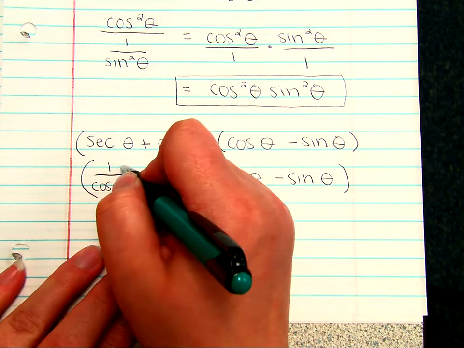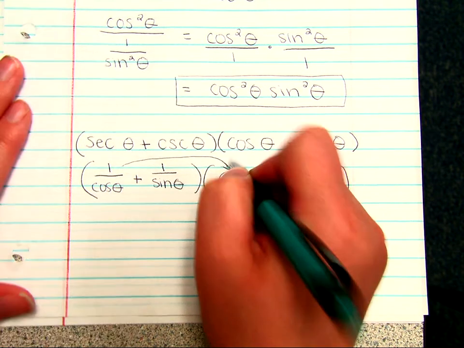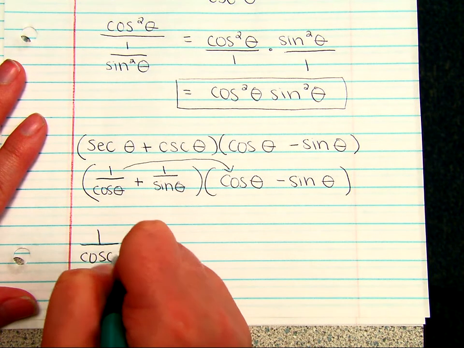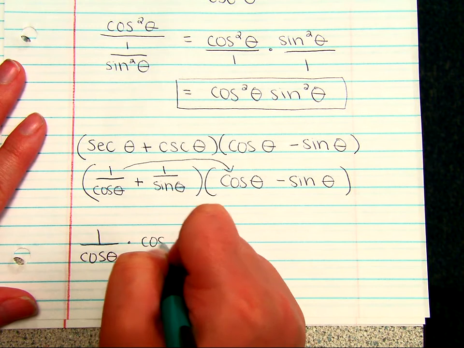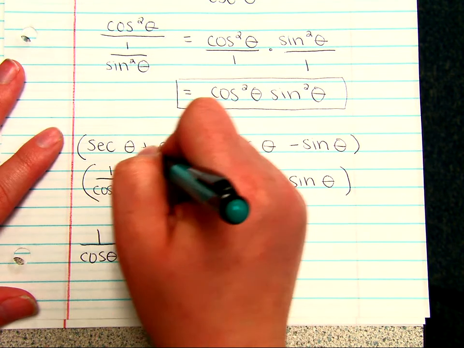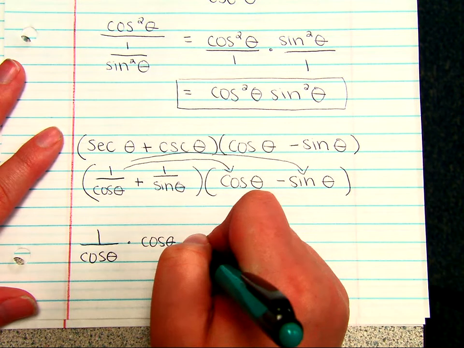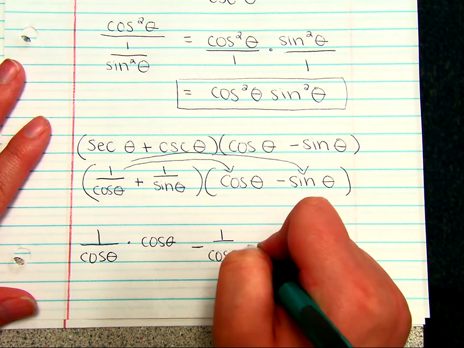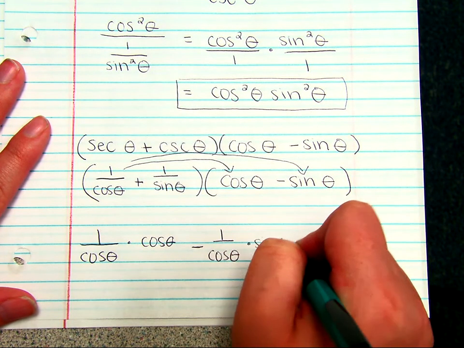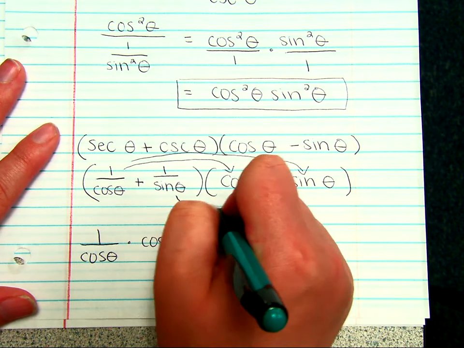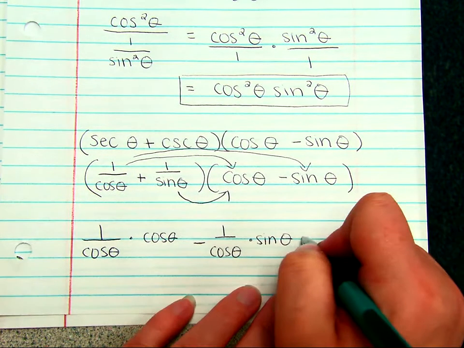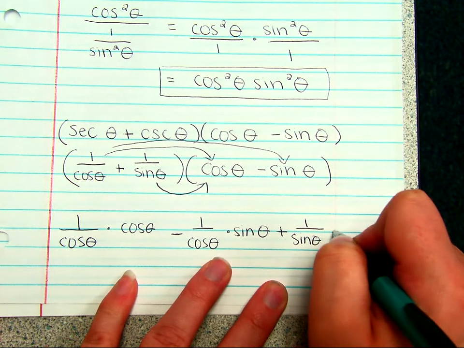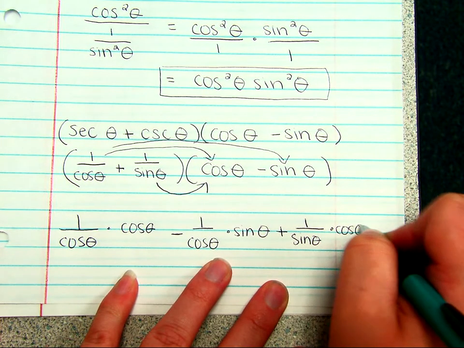So I'm going to be taking 1 over cosine theta times cosine theta. Then 1 over cosine theta times a minus sine theta. So this term is negative. Then positive 1 over sine theta times cosine theta.